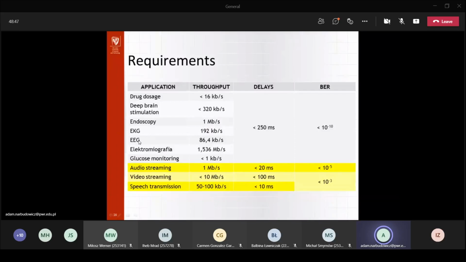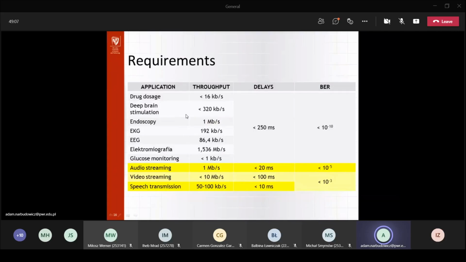With the EEG and electrocardiograms having relatively high amounts, but still endoscopy. So endoscopy, this is the application I mentioned earlier on when we are trying to transmit some images from inside of our patients.